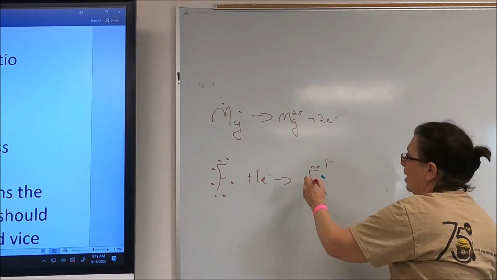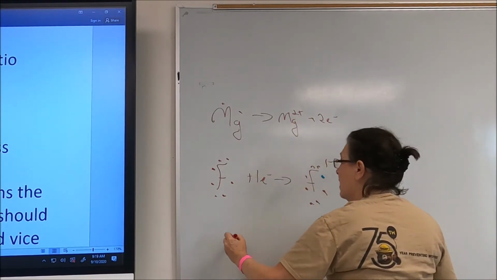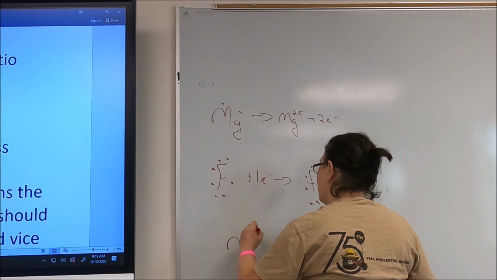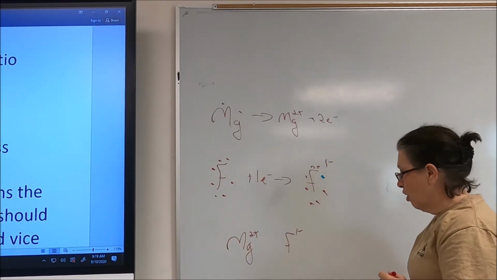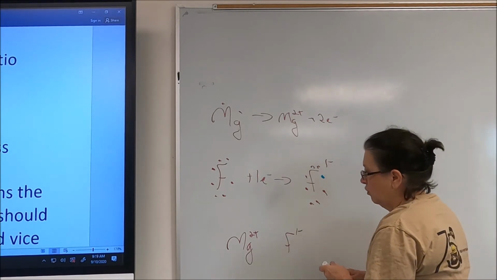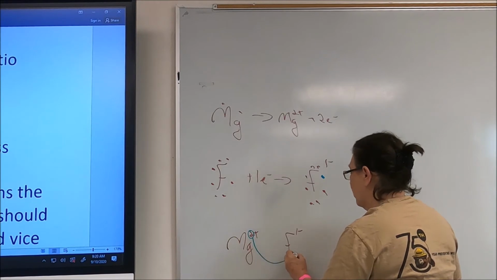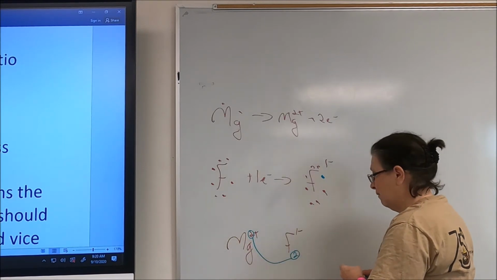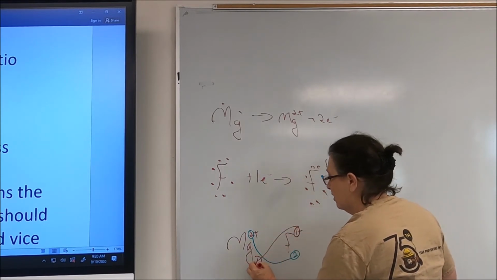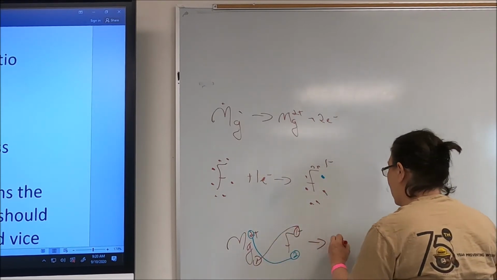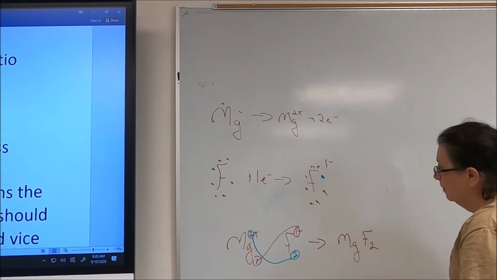Magnesium ion, fluoride ion. This time, magnesium is 2+ and fluoride is 1-. The magnitudes of the charges aren't the same. So in crisscross, the magnitude of the charge here tells us how many of the fluoride ions I'll need. The magnitude of the charge here tells me how many of the magnesiums I'll need. So MgF2.